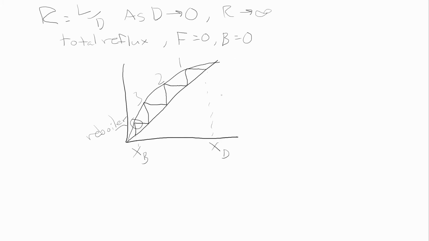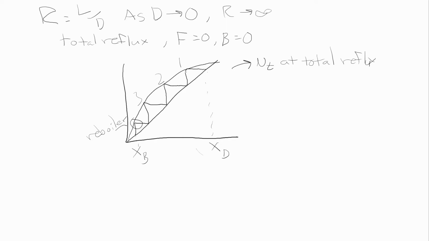So this construction allows us to begin to look at column efficiency. What this gives is the number of theoretical stages at total reflux. Of course, we can operate an actual column at total reflux, and we can measure XD and XB for that actual column.